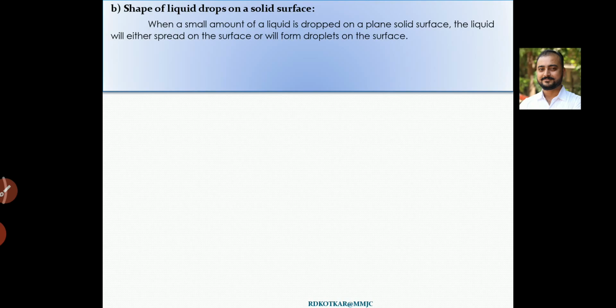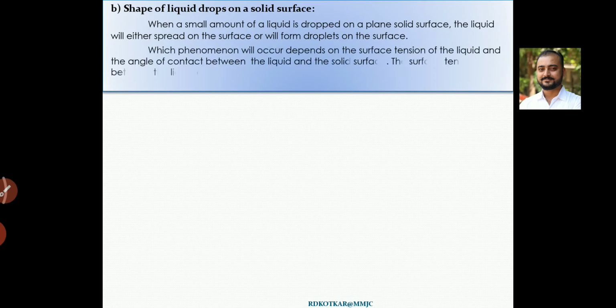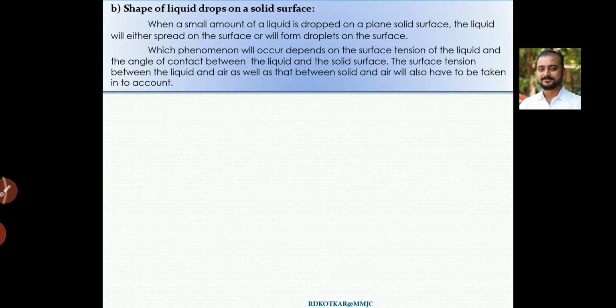Which kind of shape formation takes place depends on which factor? Which phenomenon will occur depends on the surface tension of the liquid and the angle of contact between the liquid and solid surface.